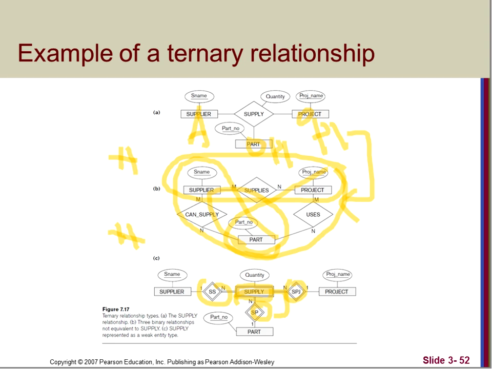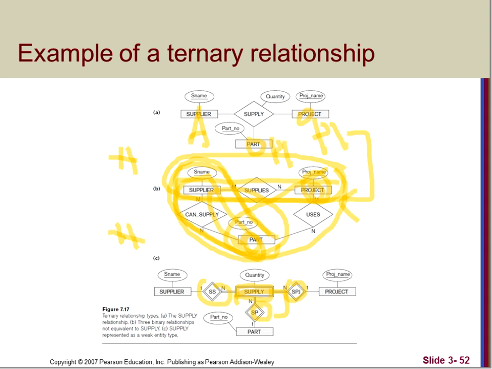The reason is that a supplier only supplies the parts that are used for a specific project. However, if you are using such binary relationships, there might be an additional part that is not used for the specific project, because the supplier can supply any part, but that is not used for the project.